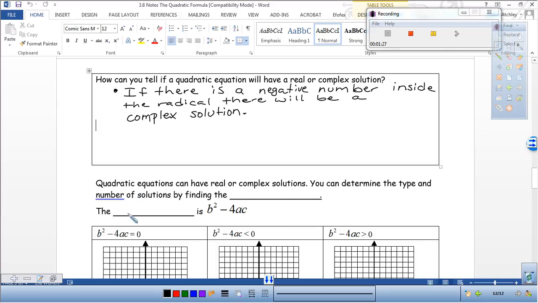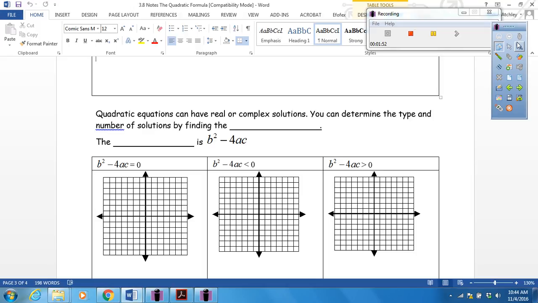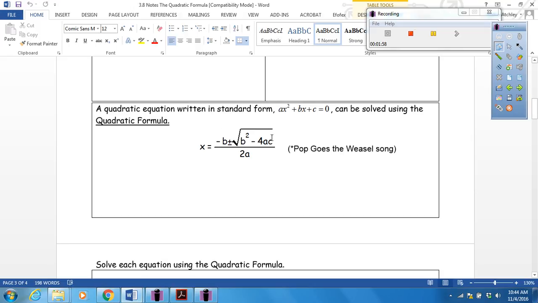Okay, so we can determine if my solution is going to be imaginary or not by just looking at inside the square root. So if I go back to my quadratic formula, I can determine if my equation will have an imaginary or complex solution or a real solution just by looking at the b squared minus 4ac.